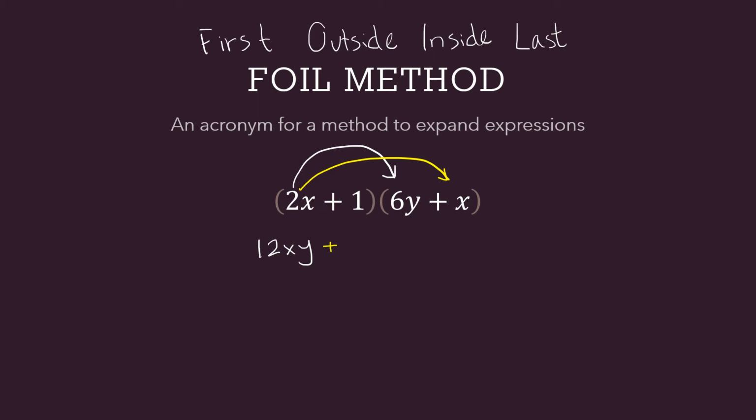It's going to be 2x squared. Then you're going to multiply the 1 times the 6y. It's going to be 6y. And then you're going to multiply the 1 times the x, and it's going to be x. And this here would be your answer. Again, there are no like terms, so this would just be my overall answer after I did all of that.